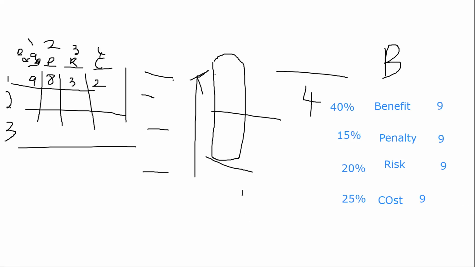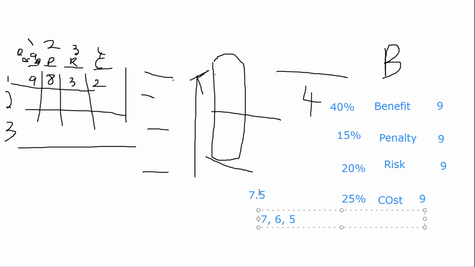Let's say in this case, 7.5. I'm just going with a number. And you do this for all the user stories. So you got 7.5, 7, 5, 6.